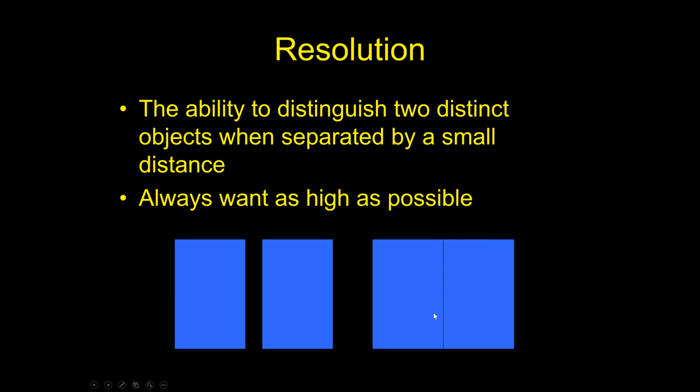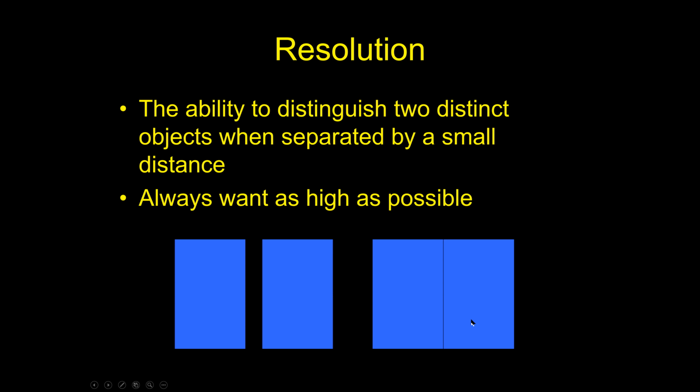It's going to look like one big one. On the other hand, if the space between them gets bigger and bigger, it's easy to tell there's two. So that's good resolution. Here, I'm able to resolve two separate distinct blue boxes. Here, I'm not able to resolve them because they're getting closer and closer together.